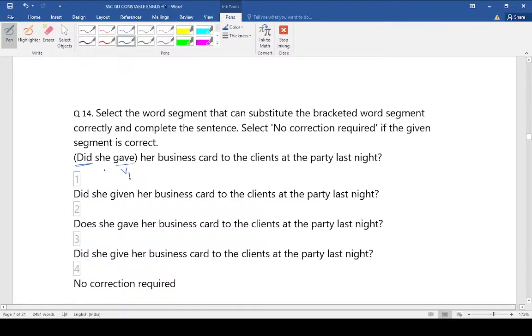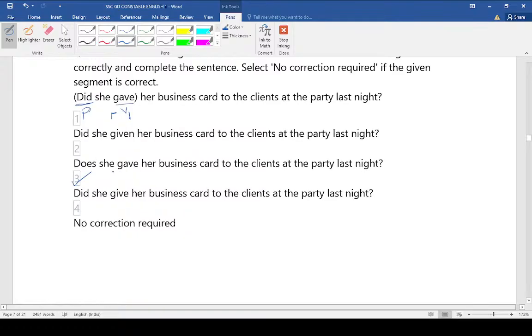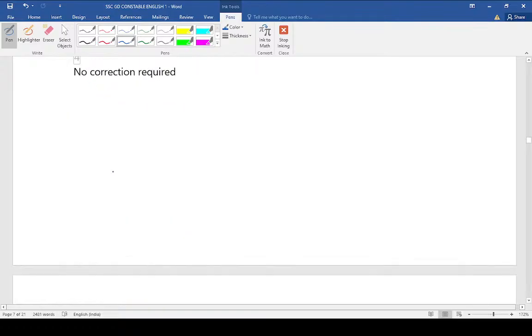So here we have to change it as did she give. So then the answer will be this one. Did she give her business card to the clients at the party last night? Did is a past form, so we have to take the V1 verb form. So now we will go for the next question.